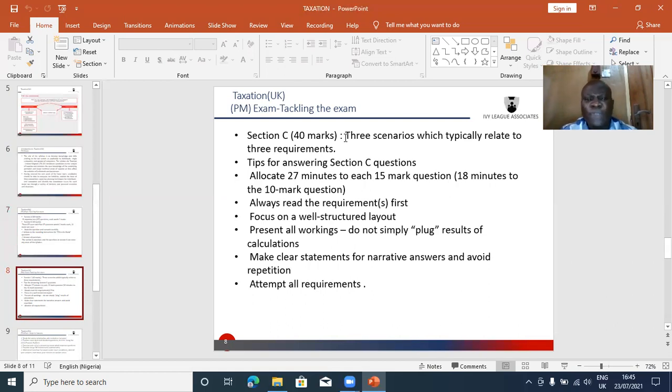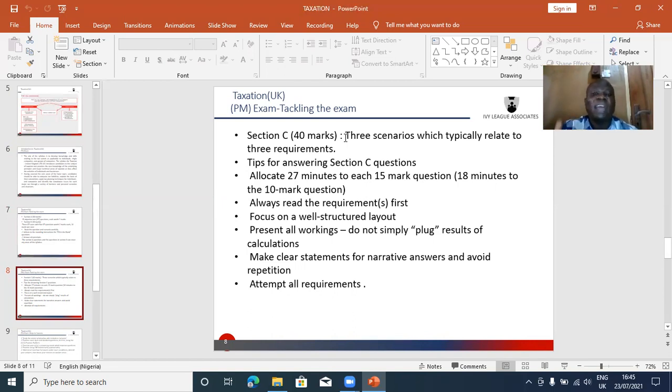So it's going to be very, very important for you to have a structure for how you're going to approach those questions. Number one, you must allocate time. We've empirically determined this: 27 minutes should go to each of the 15-mark questions. So 27 times 2, 54 minutes, and then 18 minutes to the other question.